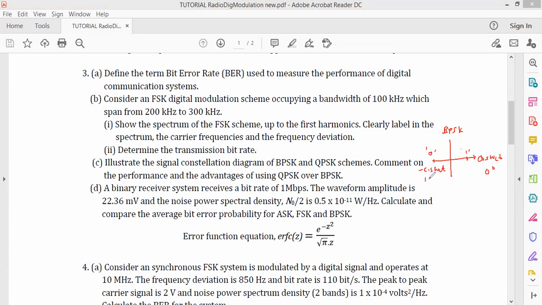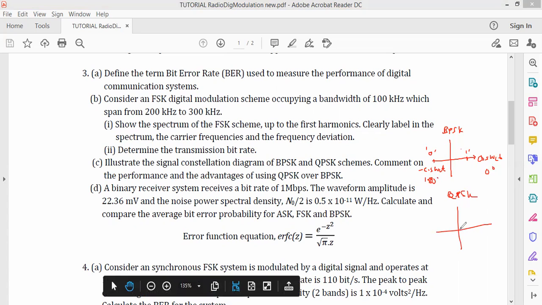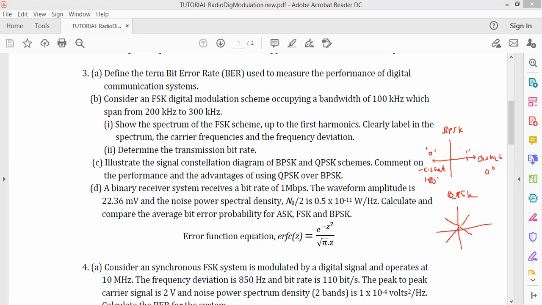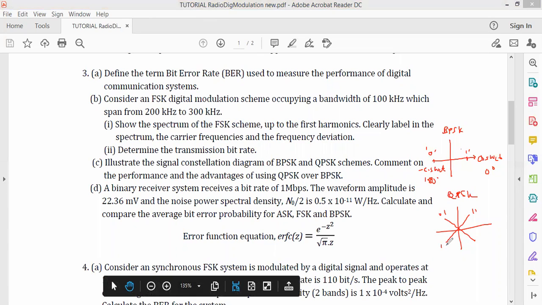Okay. For QPSK, you can refer to its constellation diagram. Okay, 11, 01, 00, 10. Okay, so please refer to the constellation diagram for QPSK.